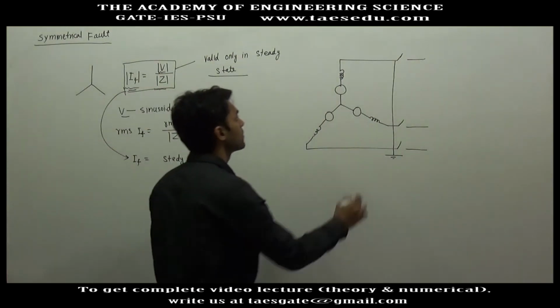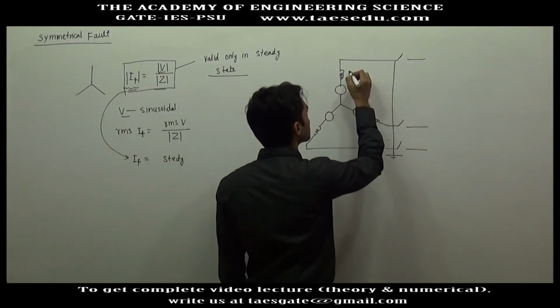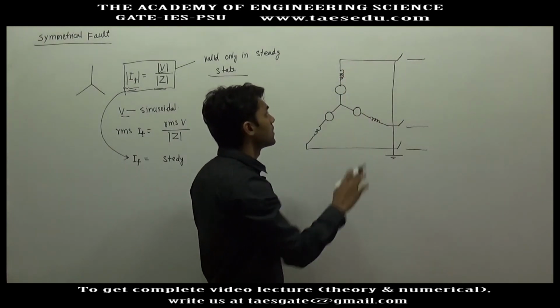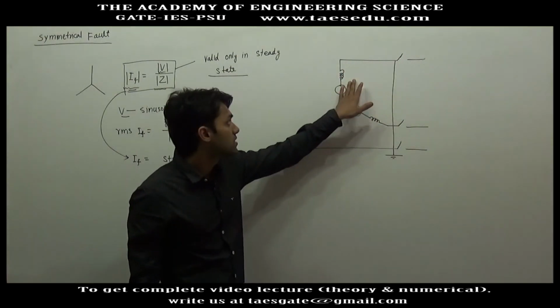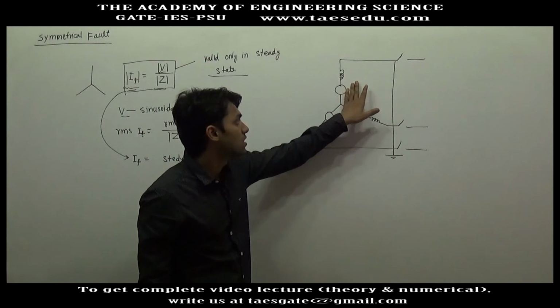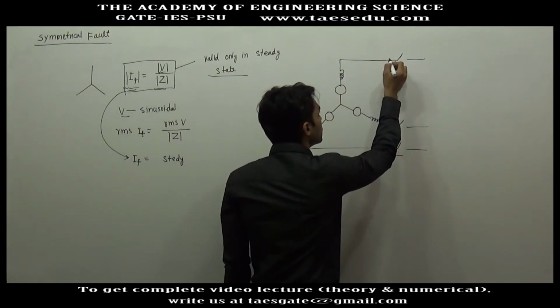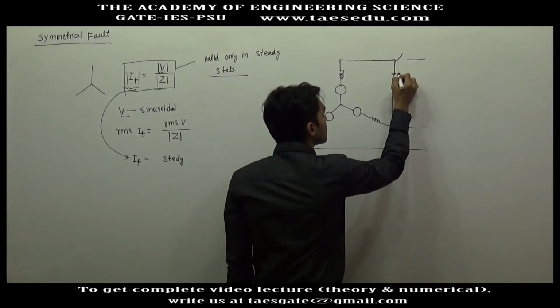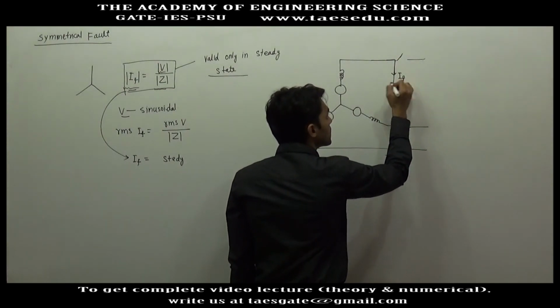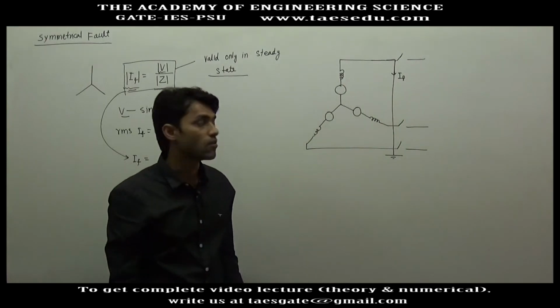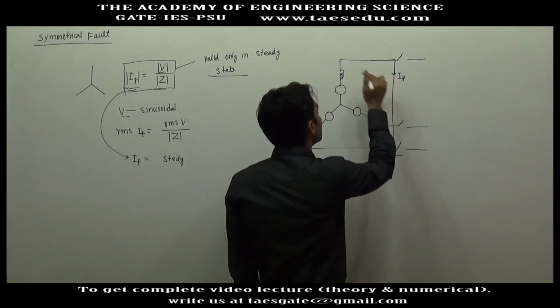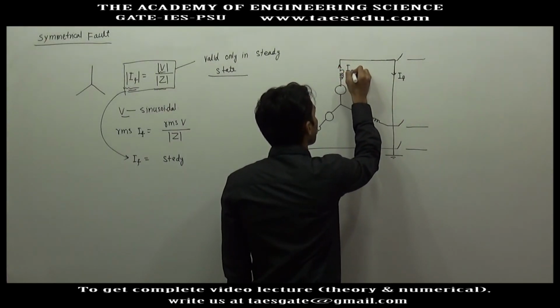So suddenly a large current will flow, because the synchronous impedance of the generator is relatively much smaller than the load. So this circuit will have a tendency to flow a large amount of fault current, and this fault current is nothing but the armature current.